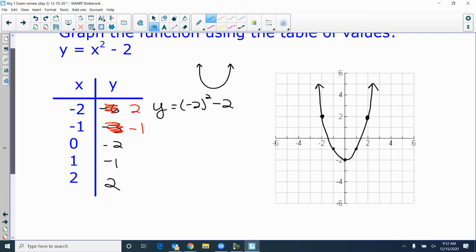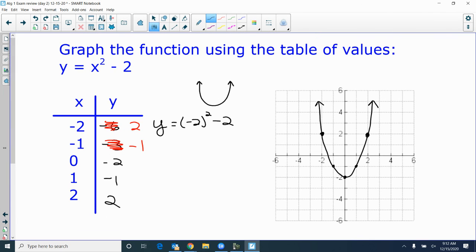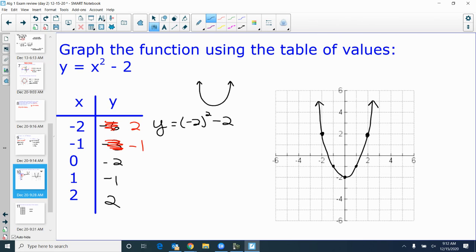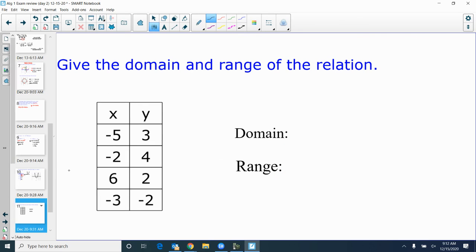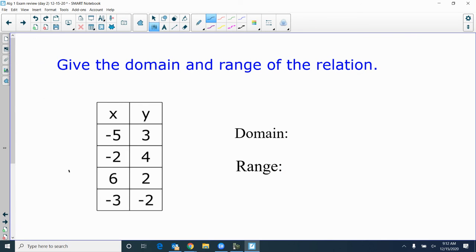All right, domain and range of the relation. Domain again is all your X values. It's going to be different than this one here because it's not a continuous graph. They just list numbers, so we cannot assume it hits everything. It only hits the numbers they list.